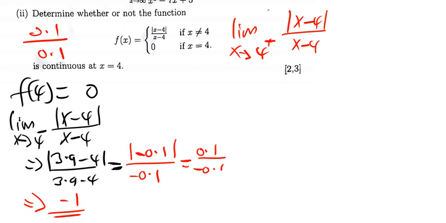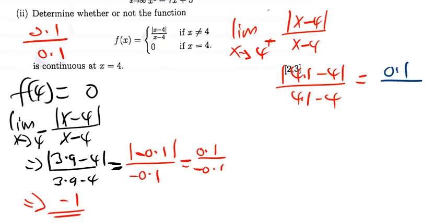So I'll use the modulus of 4.1 minus 4, divided by 4.1 minus 4. What am I going to get on top there? 4.1 minus 4 is 0.1. Down here, 0.1. 0.1 divided by 0.1 is positive 1.